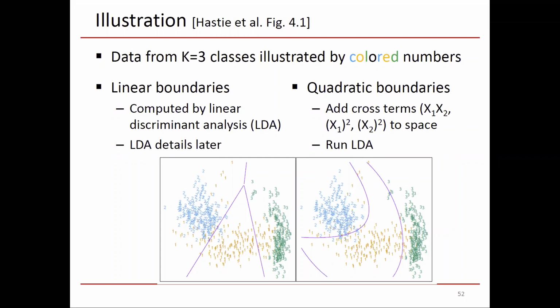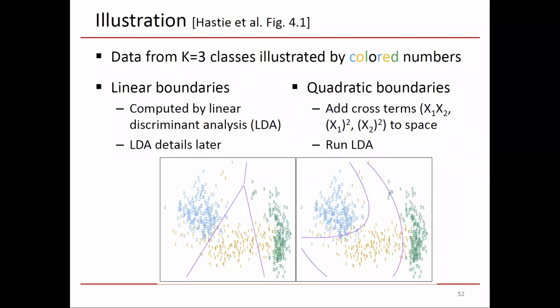So what do we mean by linear boundaries? We had linear functions, and this is called linear discriminant analysis, or LDA. We're going to talk about LDA details in the next module. Because these are linear functions, it turns out that the decision boundaries, the locations where the scores are equal, happen to be straight lines.